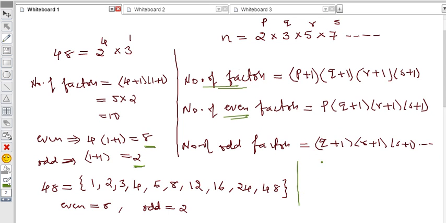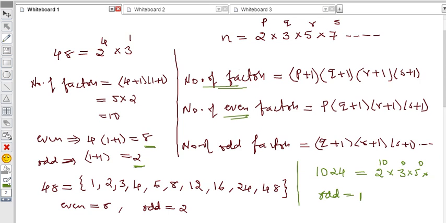One special case: for example, if you take 1024, we can write this as 2 to the power 10. In this case there is only a 2 power, so we don't have other values. For odd factors we will take 1, because for the remaining primes we can take 3 power 0, 5 power 0 and so on.